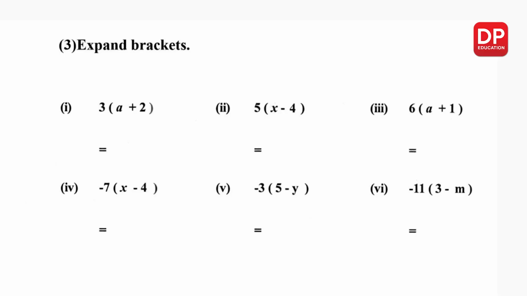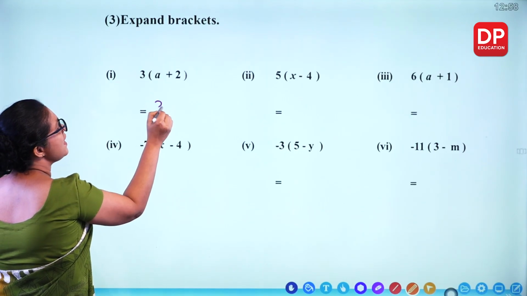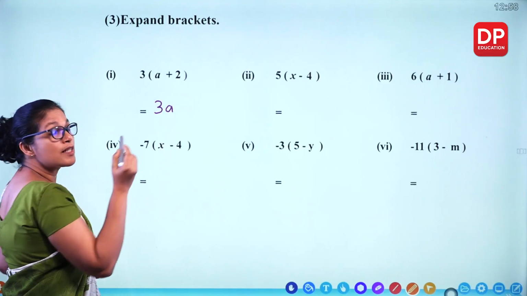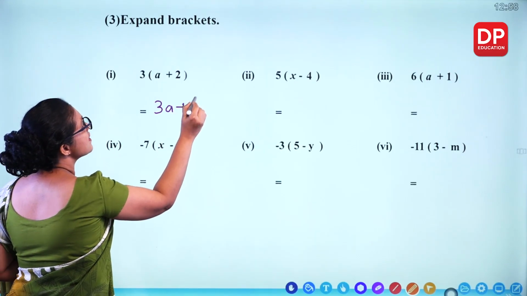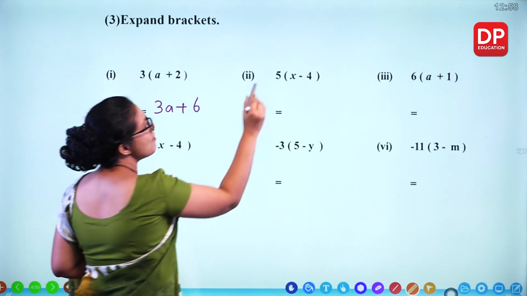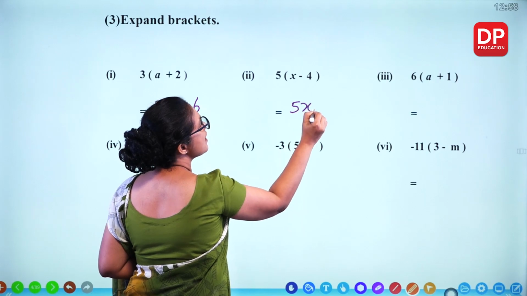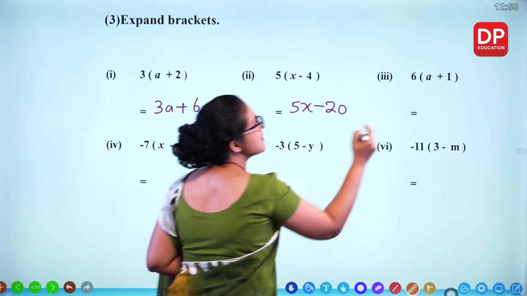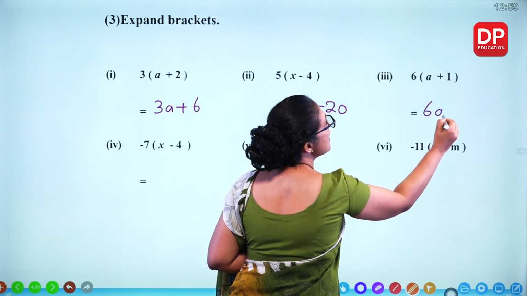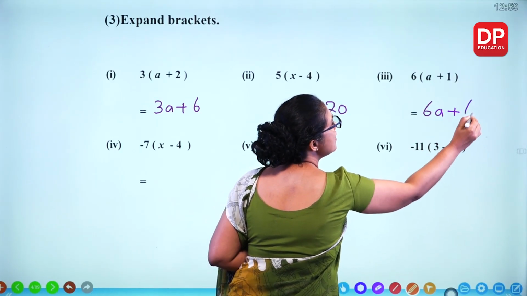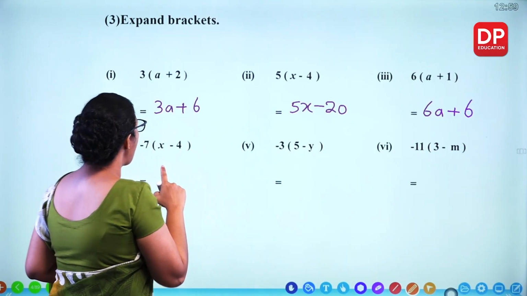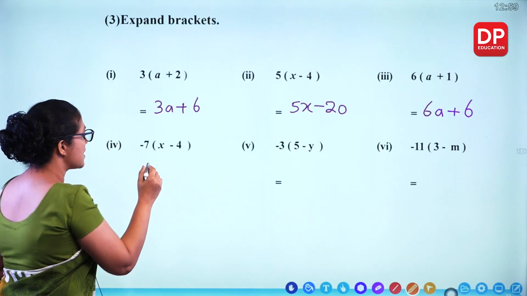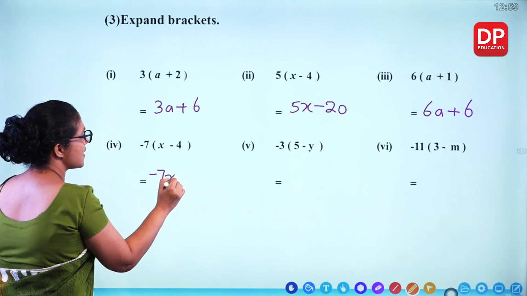Expand the brackets. 3 times a, 3a. 3 times 2, plus 6. Here, 5 times x, 5x, minus 5 times 4, 20. 6 times a, 6a, plus 6 times 1, 6. Minus 7 times x, minus 7x.